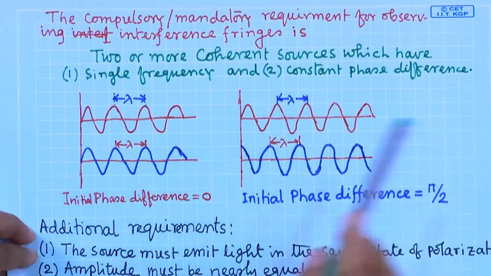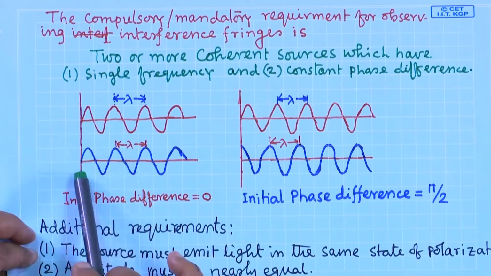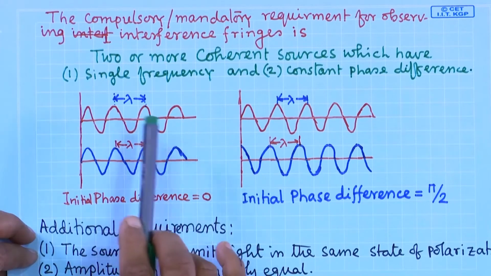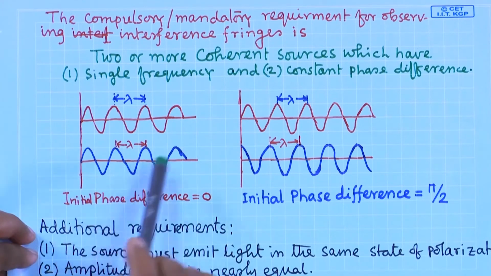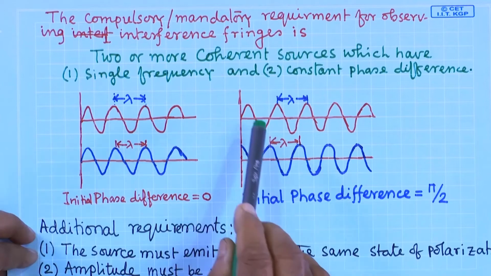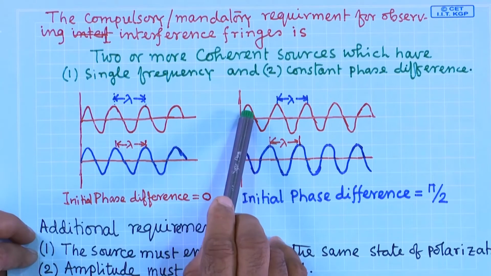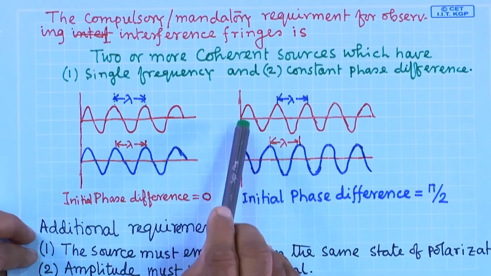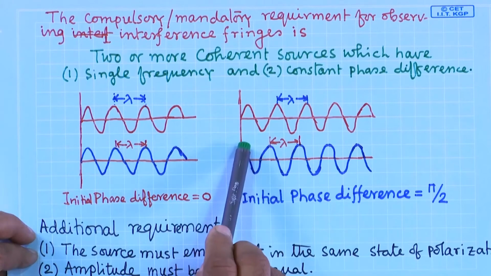So, it is just like this, these two waves, okay, their wavelength are same, frequency are same. So, in this case the initial phase difference is basically 0, and in the other case you can see, here its amplitude is minimum 0 and here amplitude is maximum.